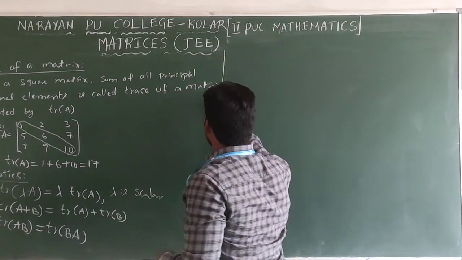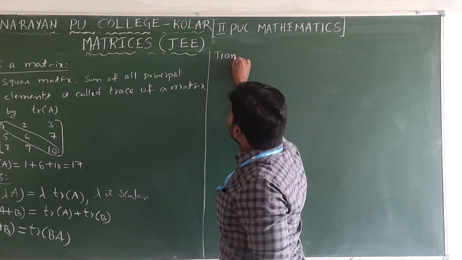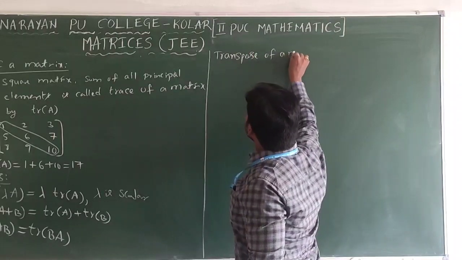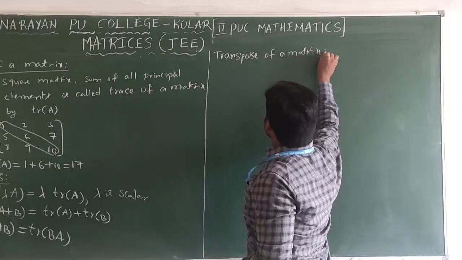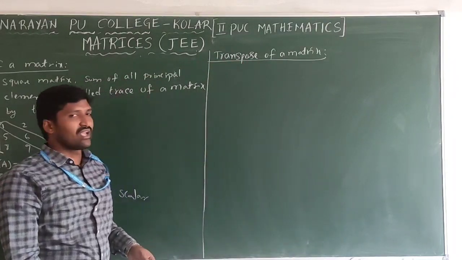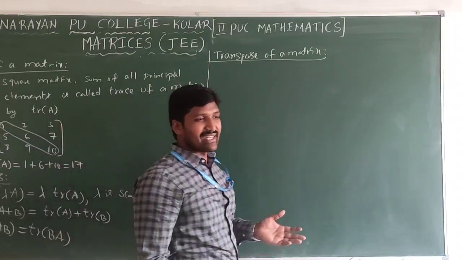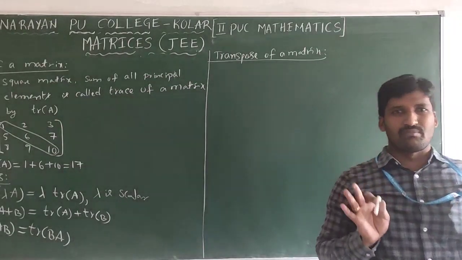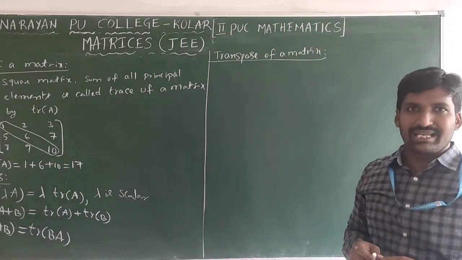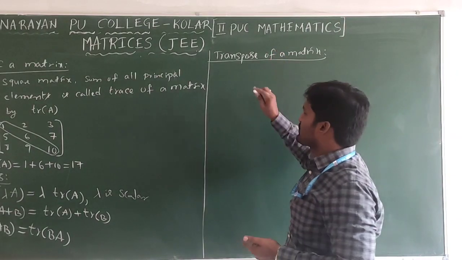Next, transpose of a matrix. What do you mean by transpose of a matrix? A matrix obtained by interchanging rows and columns is called a transpose of a matrix.